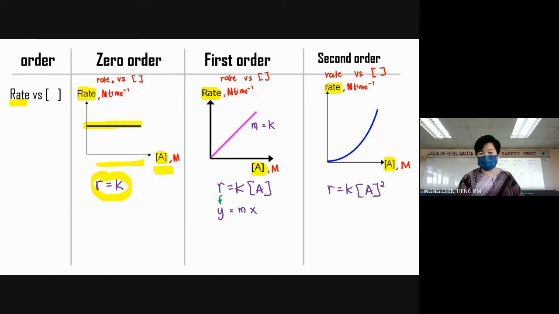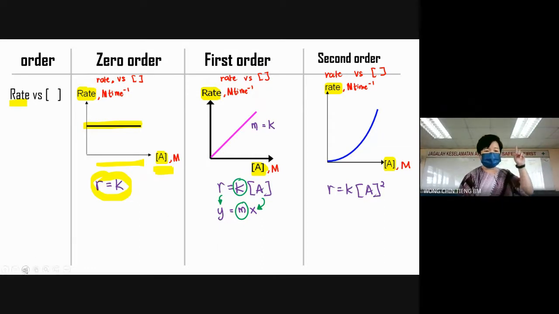R is your Y, aksi Y. Your X adalah concentration, betul? So, apa benda? Gradient. Gradient akan jadi your K. Belajar fizik kan? I really hope that you do. Apa beza graph Y equals to MX and graph Y equals to MX plus C? Dia ada intersect C, betul? Dia ada intersect kat Y, right? Tapi kalau Y equals to MX, dia kena lalu?